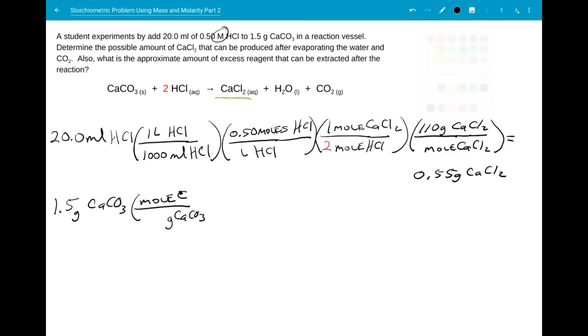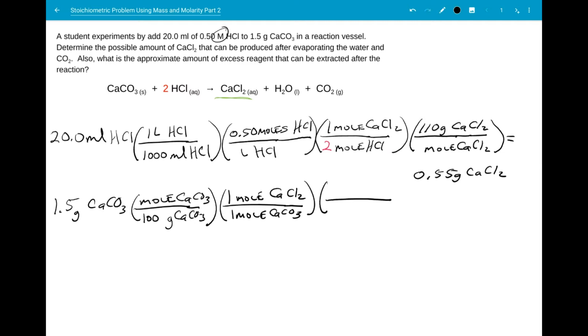CaCO3 is 100 grams, adding the calcium to the carbonate. Then again, I'm going to use the balanced equation: 1 mole CaCO3 will produce only 1 mole CaCl2.